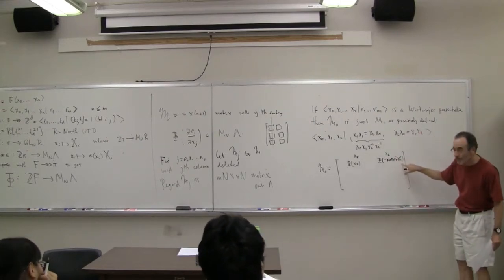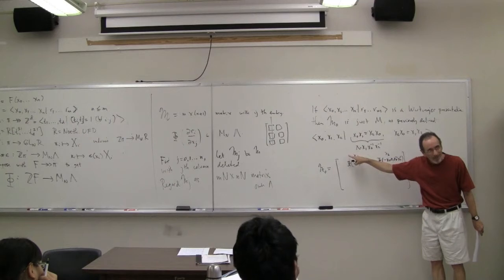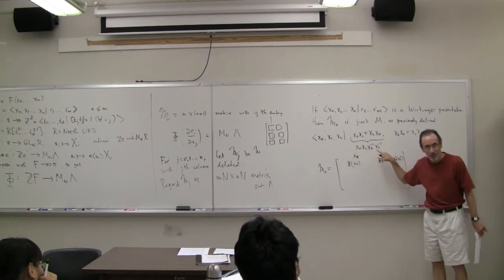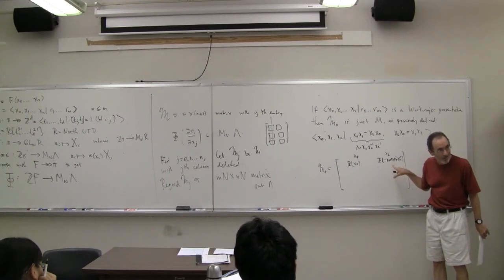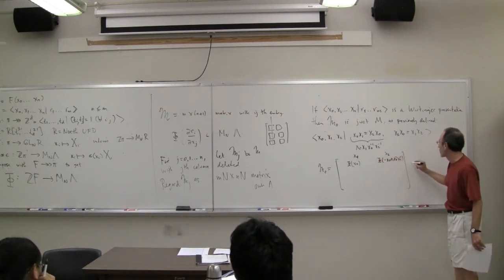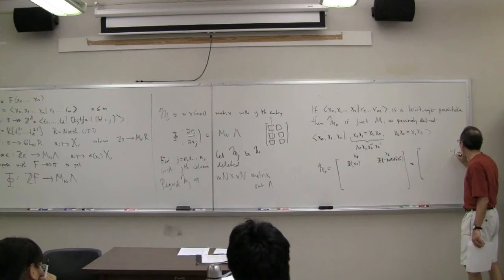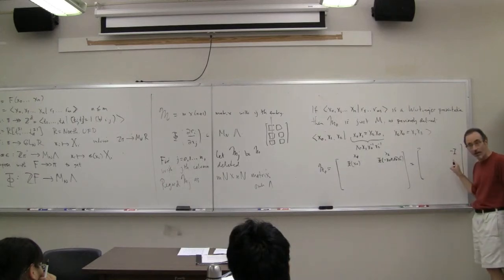But you see, in the knot group, this is a relator. This represents 1 in the knot group. And when you evaluate phi on 1, of course, you get 1. So you see right away, this is just minus 1, minus the identity matrix here.